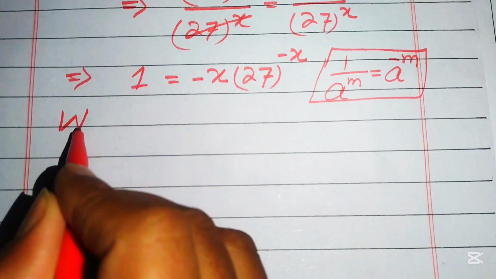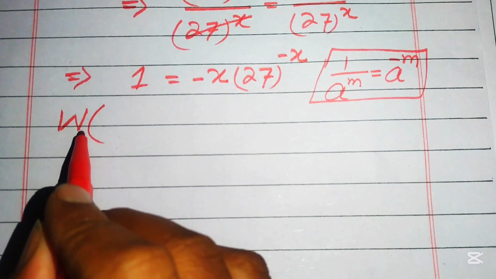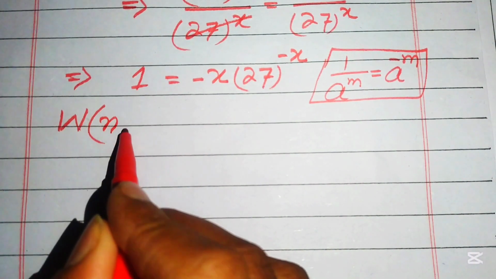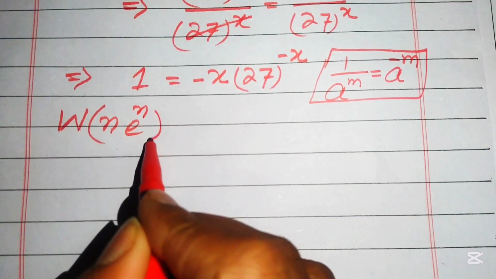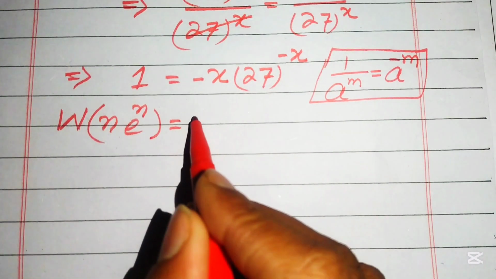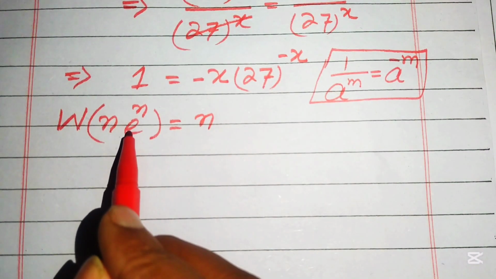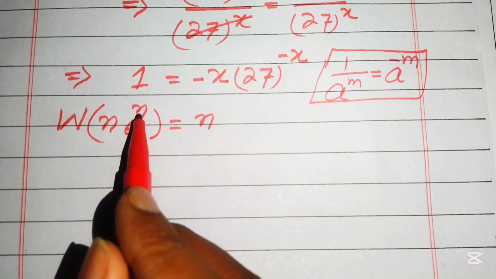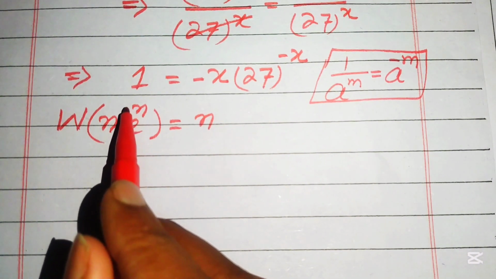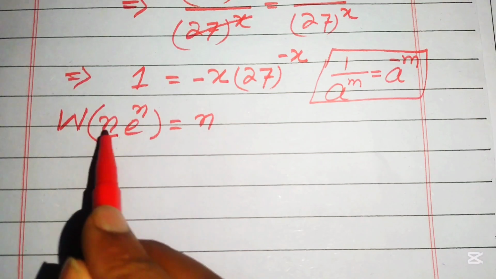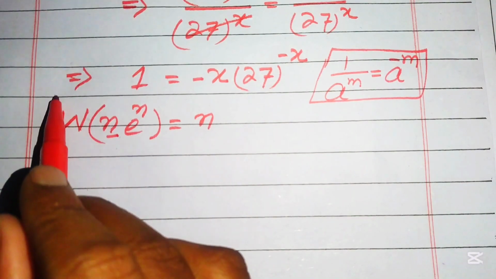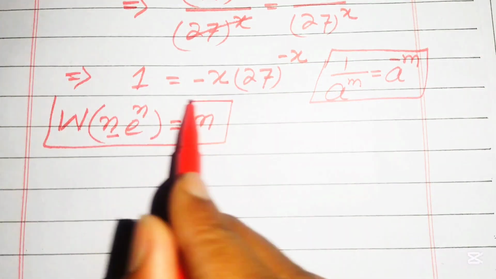We know that the Lambert W function is stated as W of n into e to the power of n is equal to n only. It means that if you have some exponent of e, that is n, and this n is multiplied by it, then the output of this type of function is also equal to n. So this is called the Lambert W function.